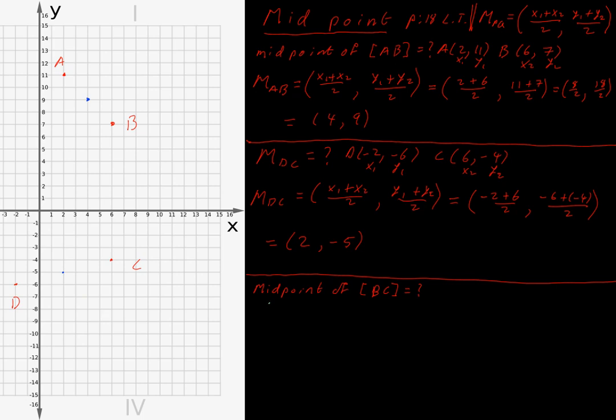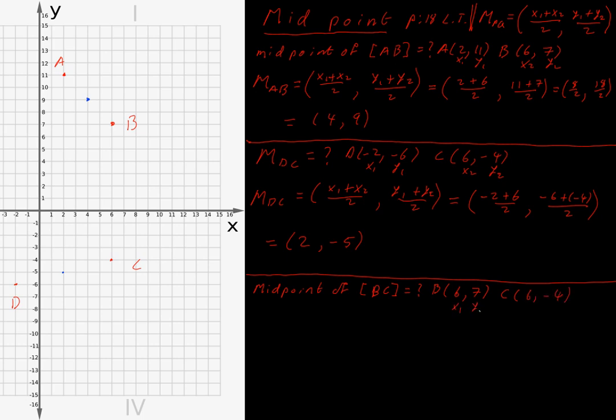And then finally, we have our midpoint of BC. So let's get our coordinates for B and C. B is at in the door 6, up the stairs 7. And C is at in the door 6, down the stairs -4.